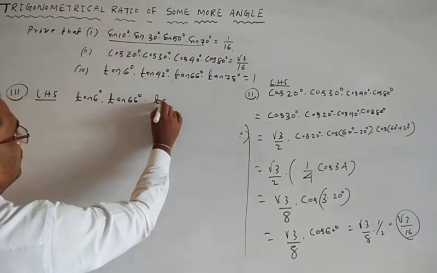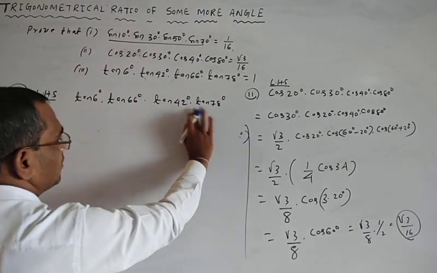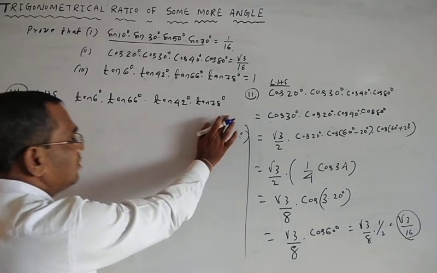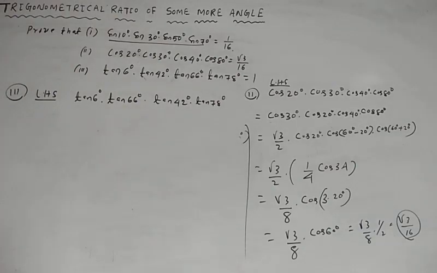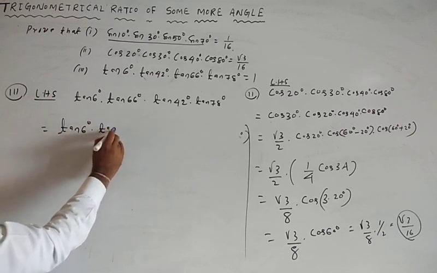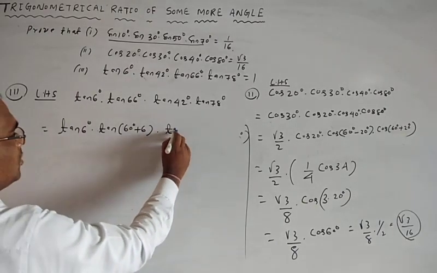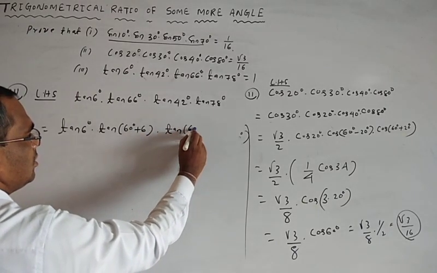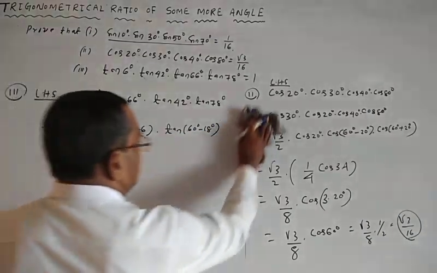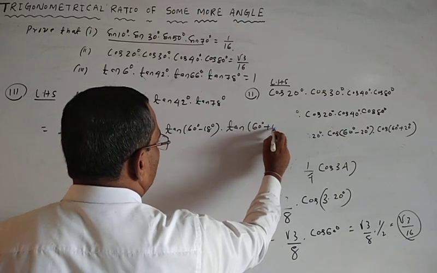Then tan 42, then 42 means 60 minus 18, and tan 78 means 60 plus 18.